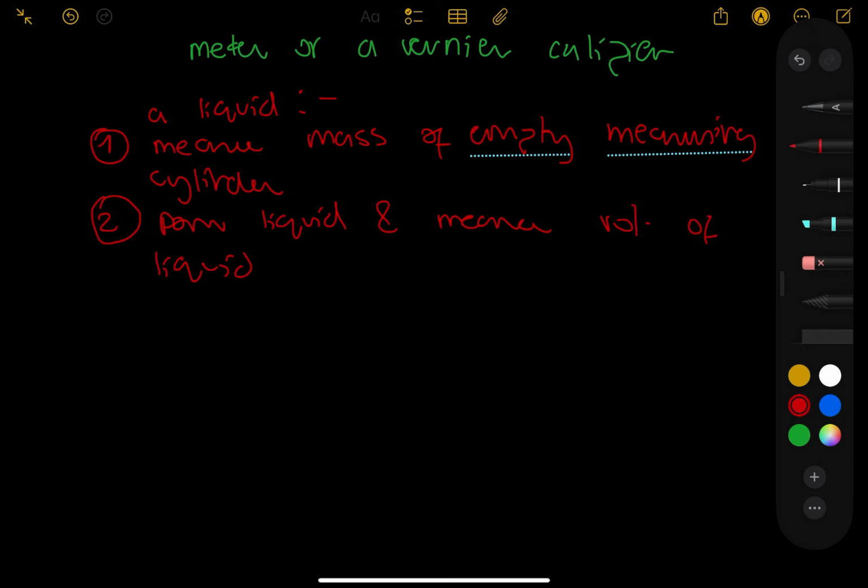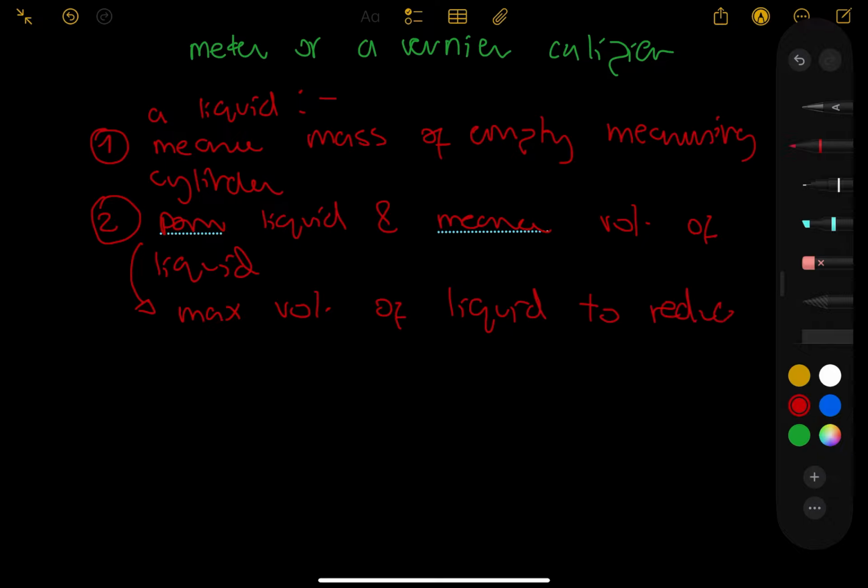You want to pour the maximum amount of liquid possible to reduce the percentage error.